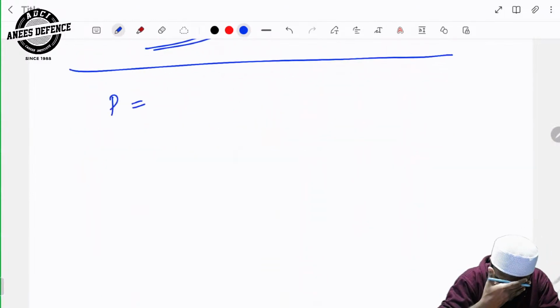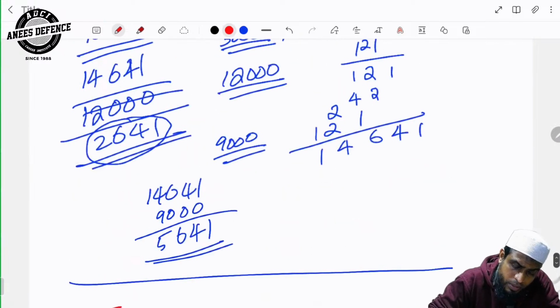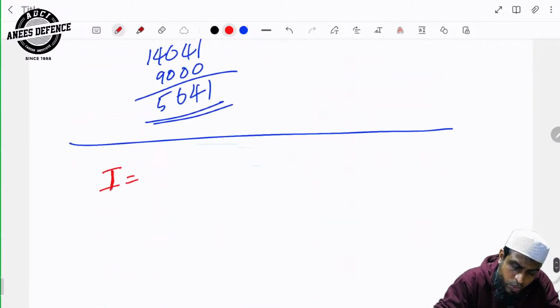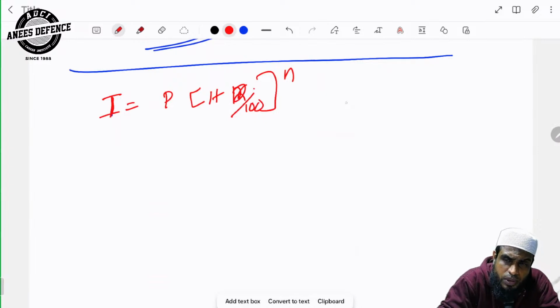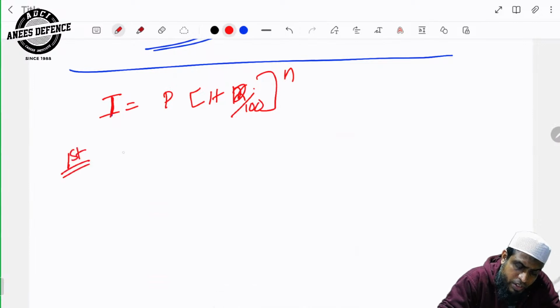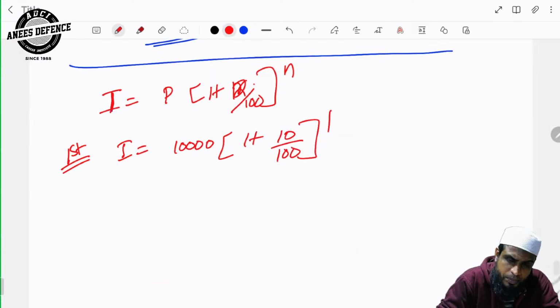The formula is actually A equal to P into 1 plus R by 100 raised to N. In the first year, even though he received an amount of 10,000, what is the amount? 10,000 into 1 plus 10 by 100 raised to 1.